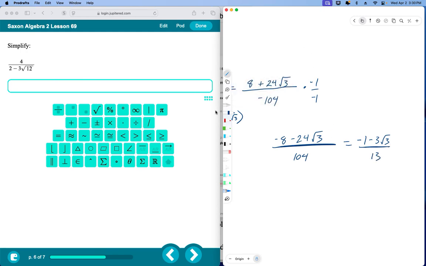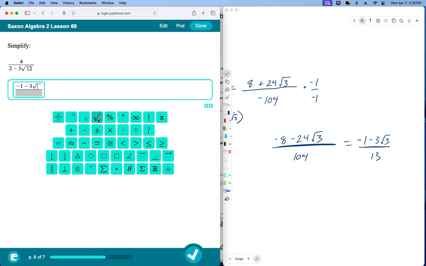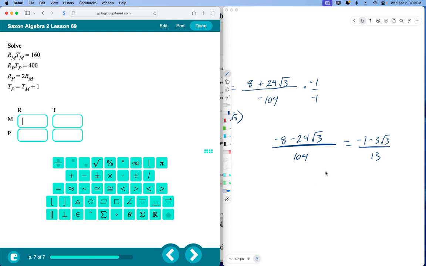That is the most reduced form that we can have. So I'm going to put that in here. Negative 1 minus 3 times the square root of 3 over 13. And that's correct.